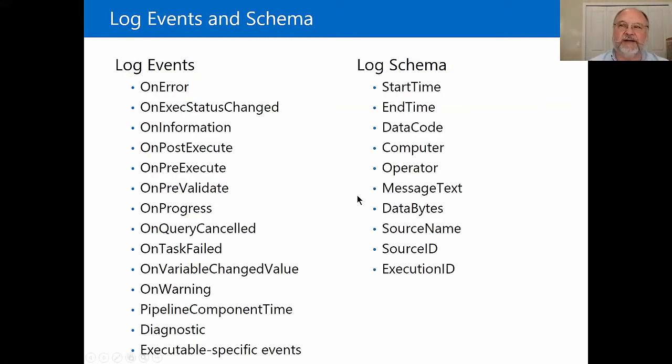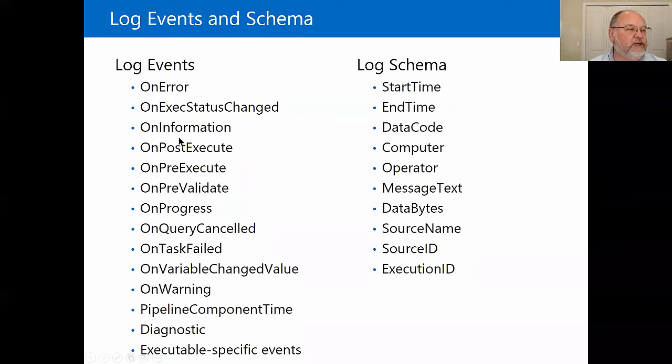Next subject, or next point, is, what do you log? If we decide through the provider where to write the information, this is what information do you want? So we have our events. Not all of these events will be available for every task. Some tasks have other events that others don't. But this is the full list of possible events. And then they call it log schema.